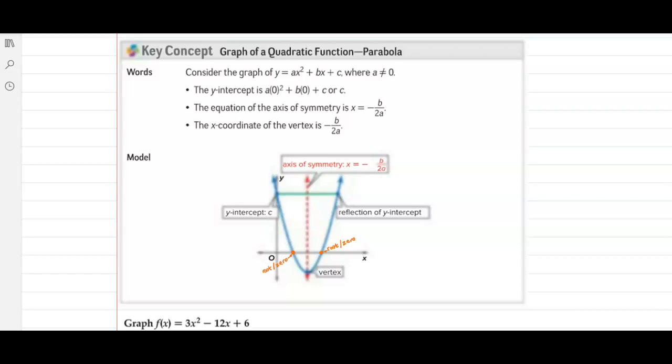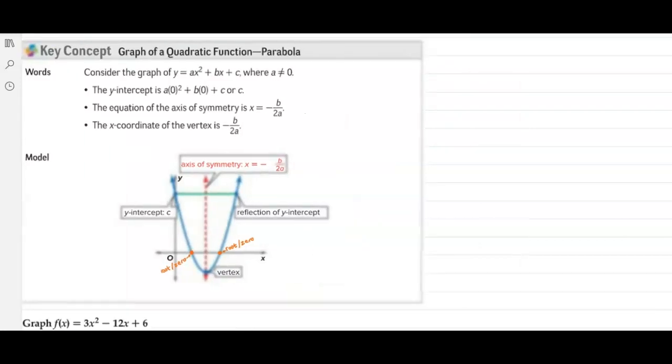Typically, 5 points is recommended. And not just any 5 points, because think if I have these 5 points right here, that's going to be very hard to tell where the parabola shape is going. I need to have maybe these 5 points so that I can then draw the proper curve.